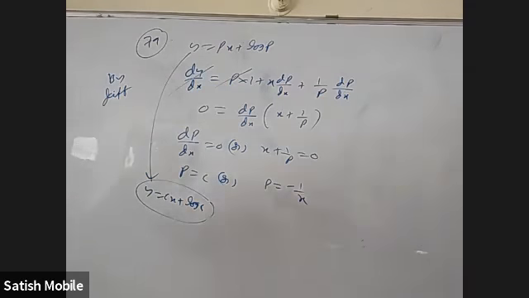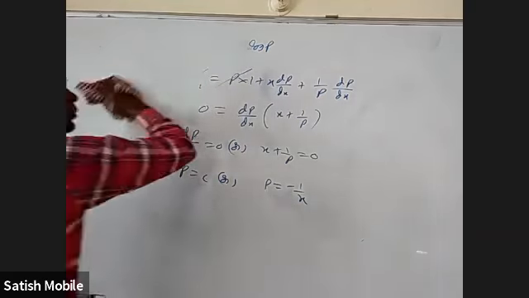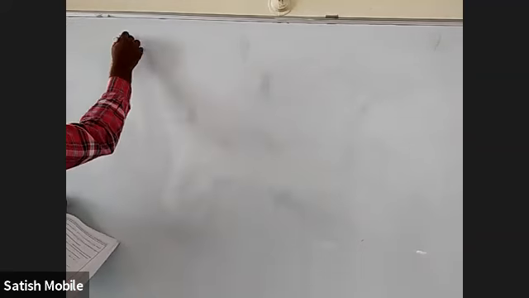Okay, I'm arranging this. Okay, 80. y equal to px minus p square plus 2p cube.